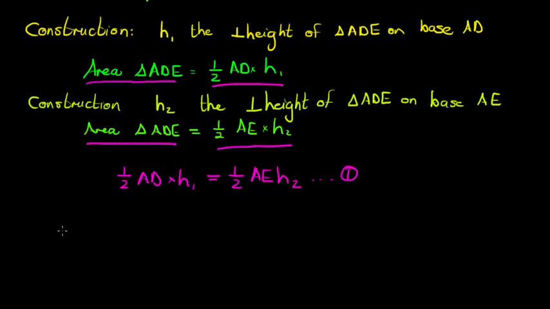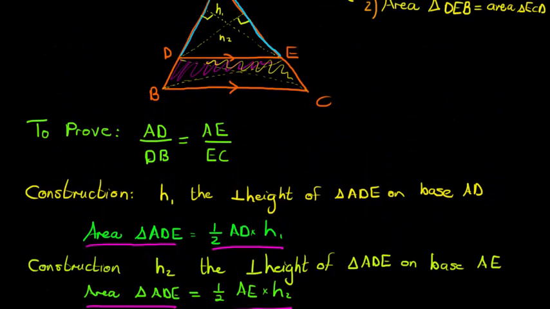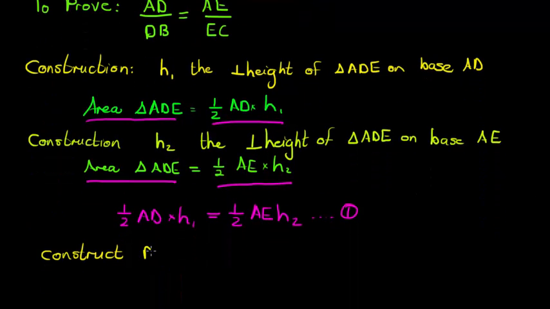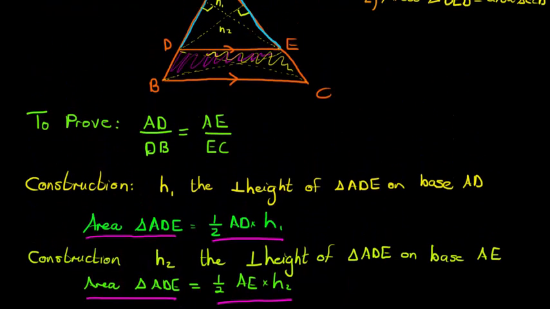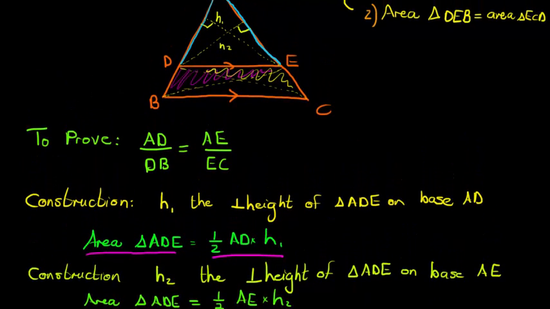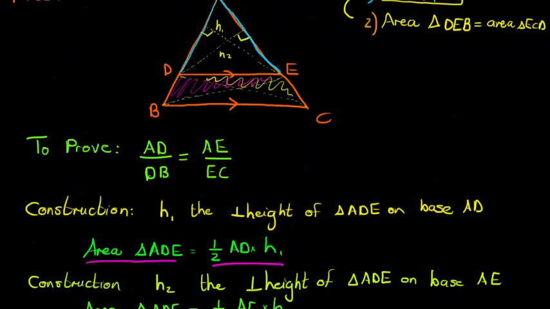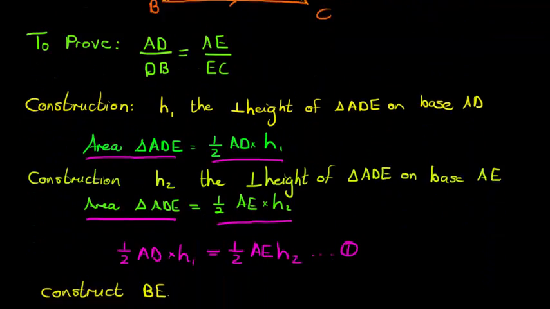So the next construction: construct BE. That's just the line that wasn't there before. Now we have a triangle DBE. And also construct DC.